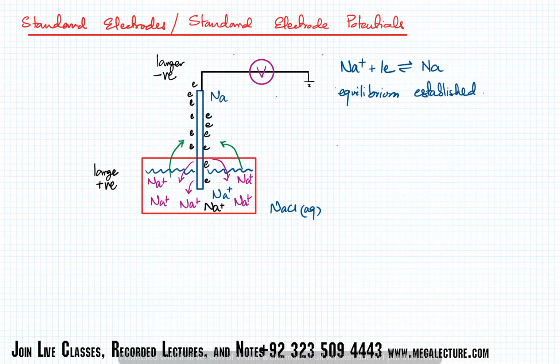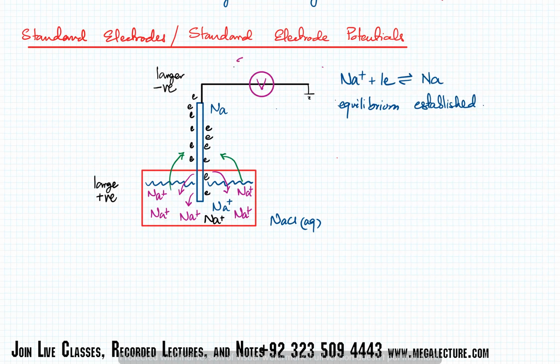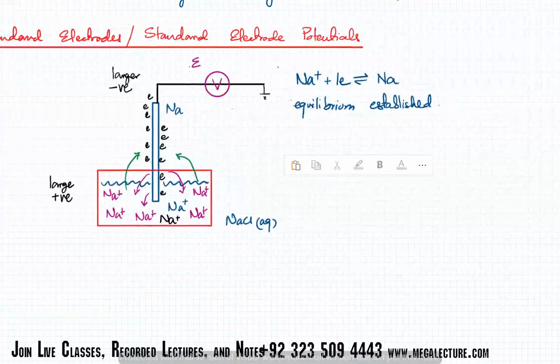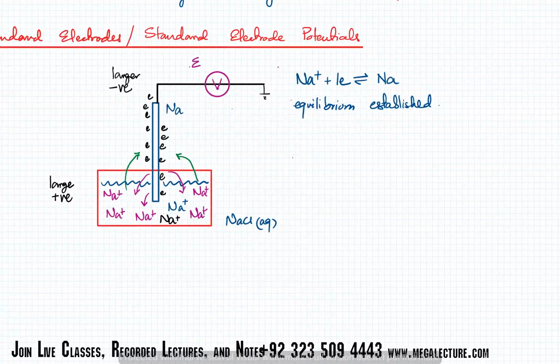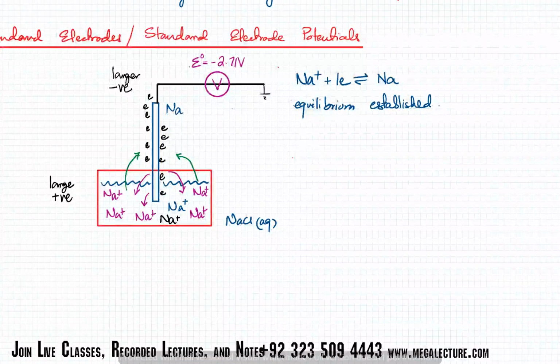A certain voltage appears on it. That voltage is going to be referred to as the E naught. For sodium, this is minus 2.71 volts. So that's known as your standard electrode potential. That's the potential that has built up on the sodium electrode. It's a very low potential.